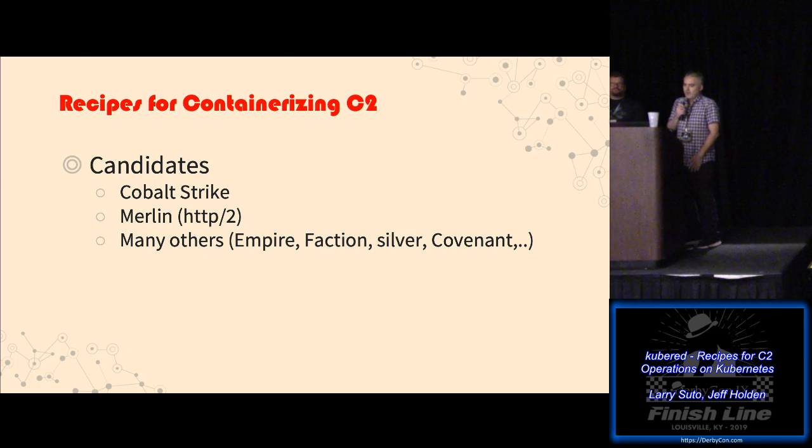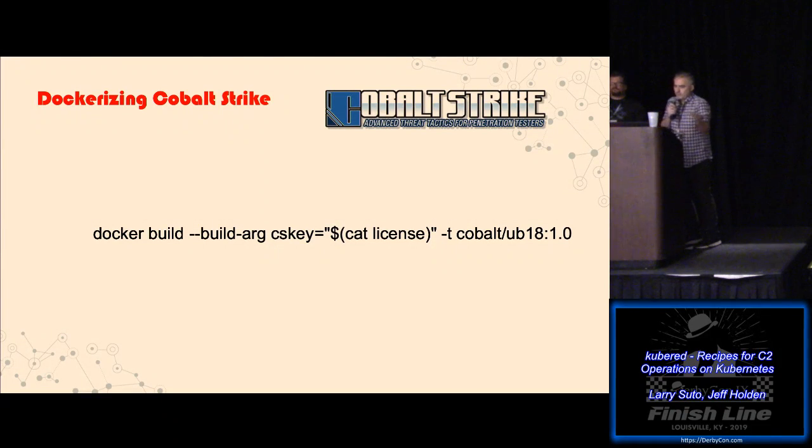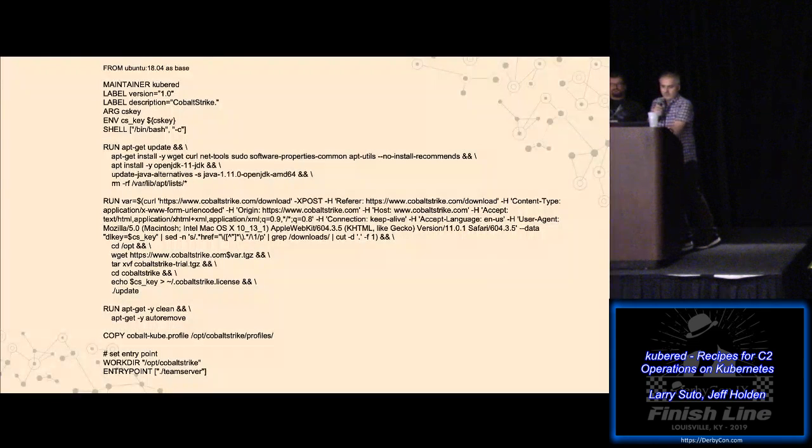So that's the background. Now we'll talk a little about how to get your C2 containerized. This is the simple part with Docker. What we're supporting initially is Cobalt Strike and Merlin, and then we're going to do as many as possible in the coming months. This is building a Docker image for Cobalt Strike from an actual Dockerfile.